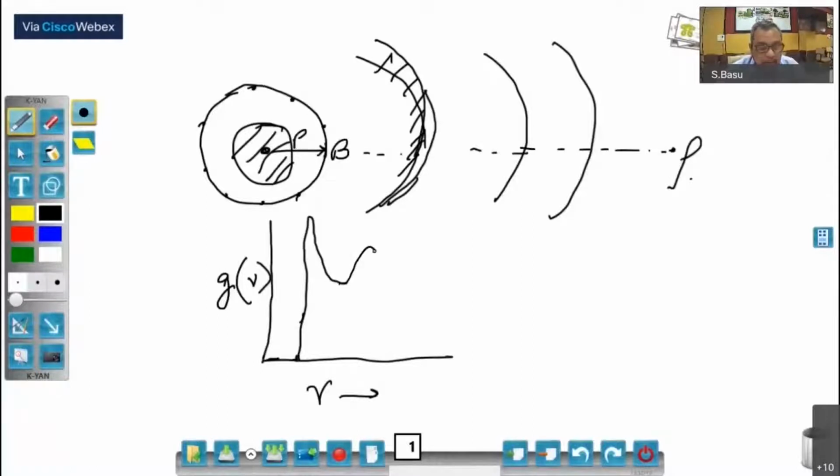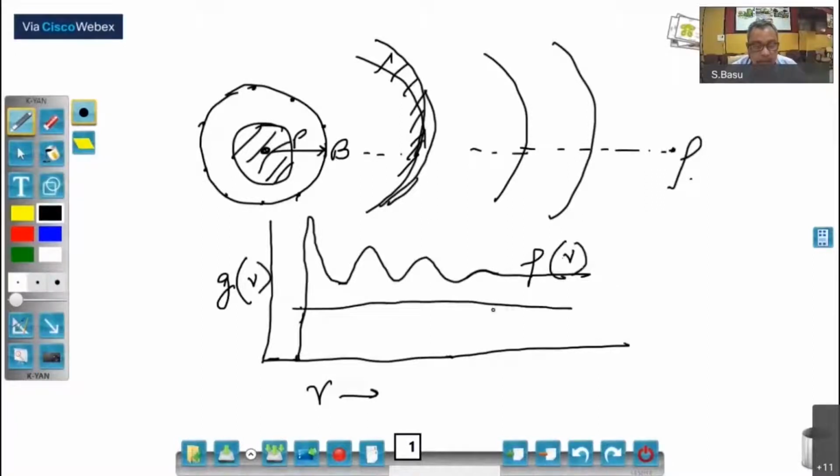After that, you have the second shell, then the third shell, then the fourth shell, and slowly you reach the average density of the liquid or amorphous system. So this is typically the short range order that you see, and this can be as low as less than 1 angstrom.